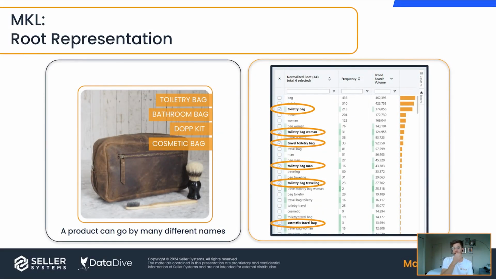The other thing to keep in mind when we're doing keyword research, I kind of already explained this a little bit with the justification for what is a keyword root, but Amazon doesn't wait for actions to be taken on all 215 keywords that are related to toiletry bag. You're able to get credit from just having those keywords toiletry bag in your listing.